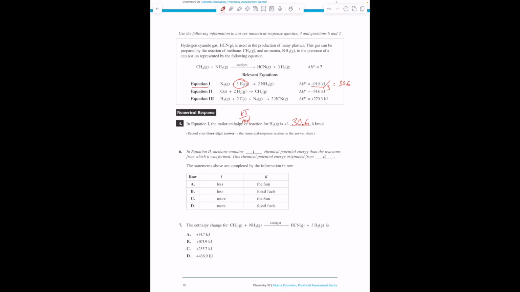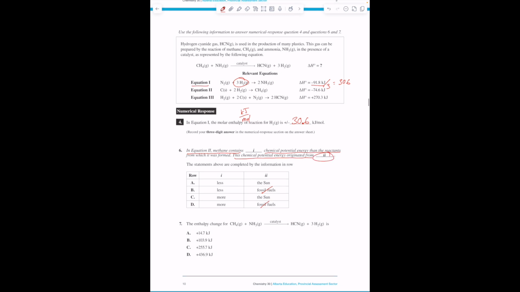Next question. In equation 2, methane contains blank chemical energy than the reactants, so more or less chemical energy than the reactants. And this originated from, well, that one's always the sun. So this is always the sun. Okay, so let's look at equation 2. I can see that I'm negative. So I always like to draw this graph.